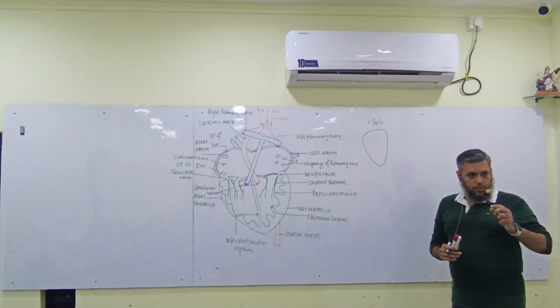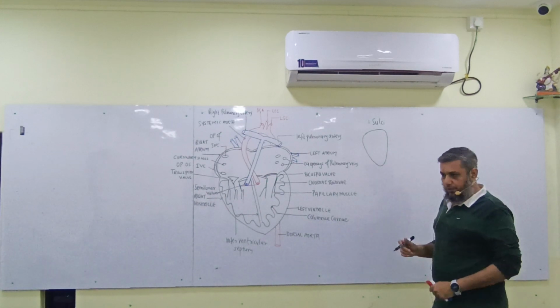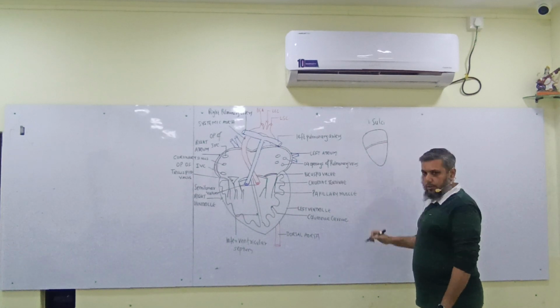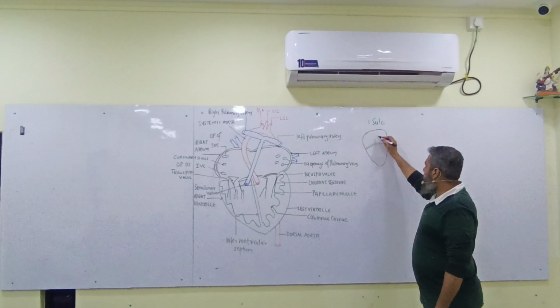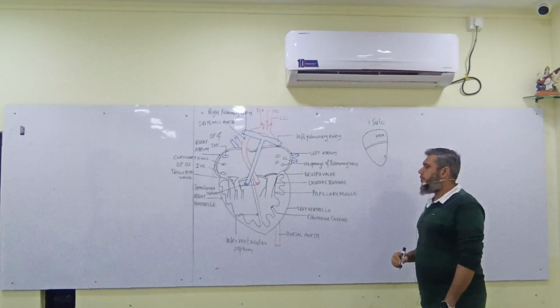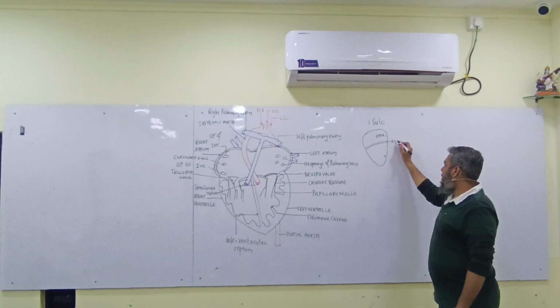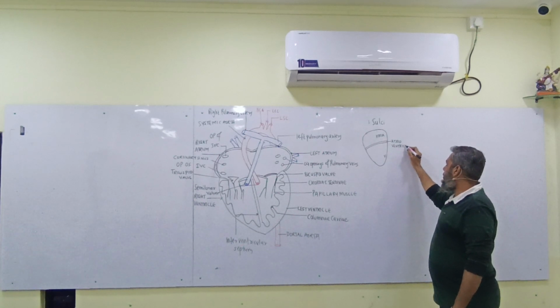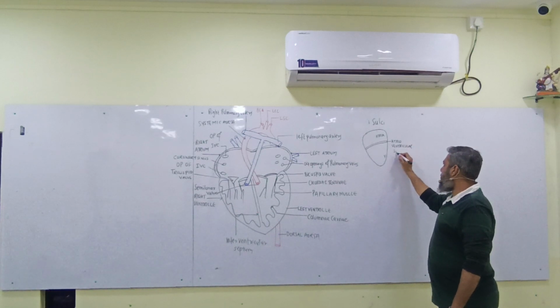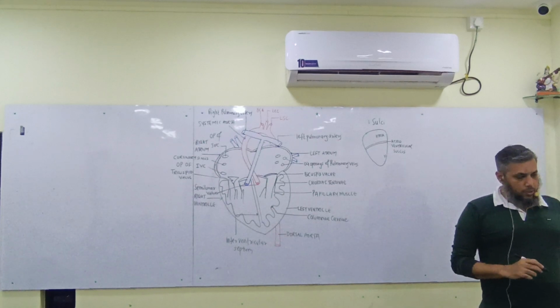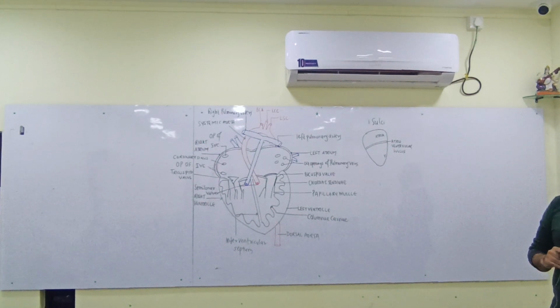Some such sulci because of which 2 parts of the heart can be differentiated from each other. This one, which is oblique, transverse, because of which you can separate the atria from the ventricles, and this is called the atrioventricular sulcus. Okay, so atrioventricular sulcus, it separates the atria from the ventricles.